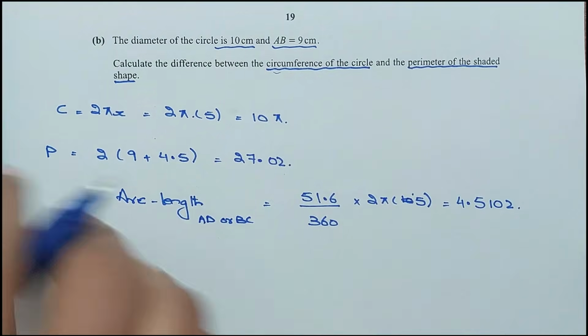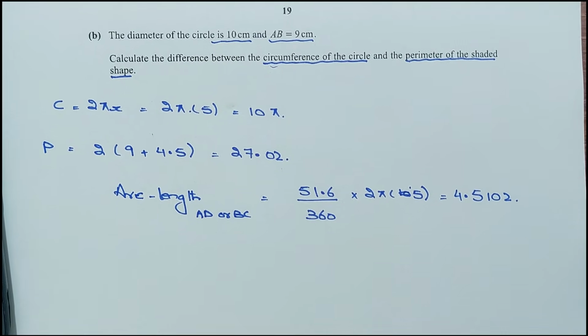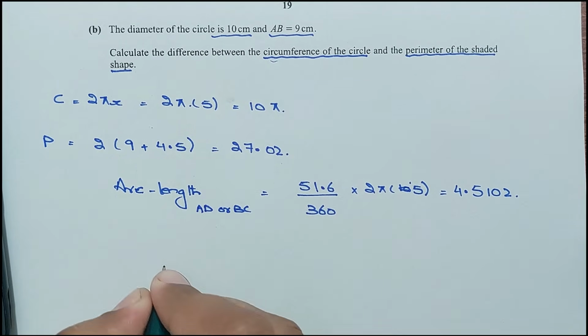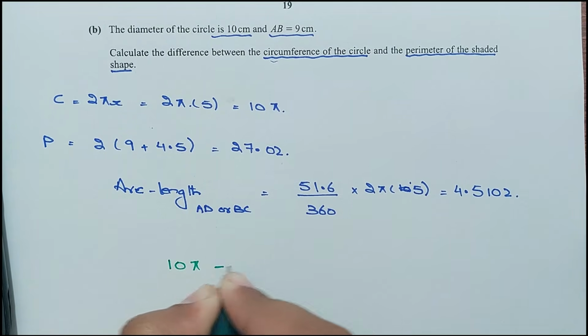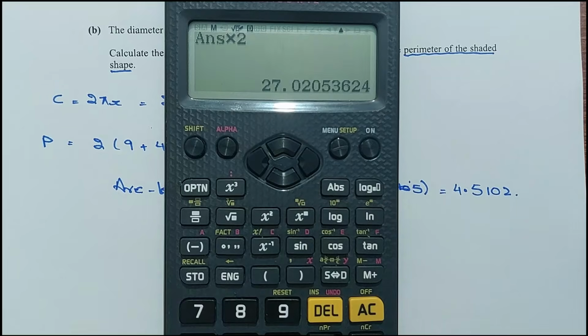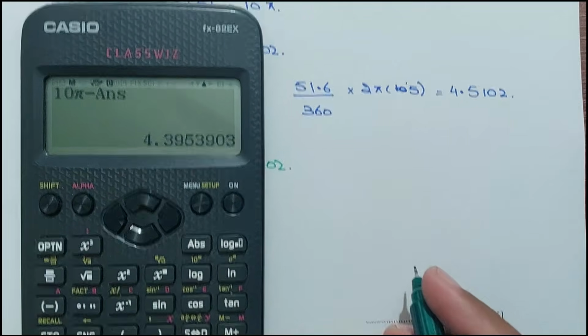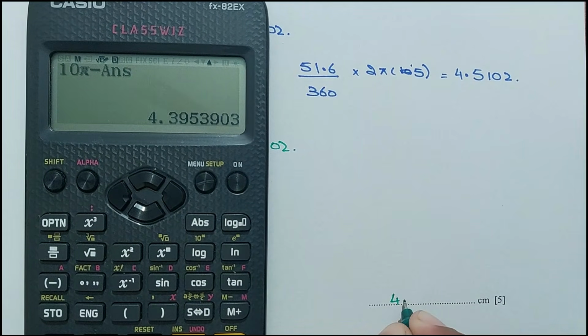Now we have to calculate the difference between the circumference of the circle and the perimeter of the shaded shape. So the circumference of the circle is 10 pi, and its difference with 27.02, right? So 10 pi subtract the answer. This is 4.39 centimeters, right? So that was the last question of our paper.